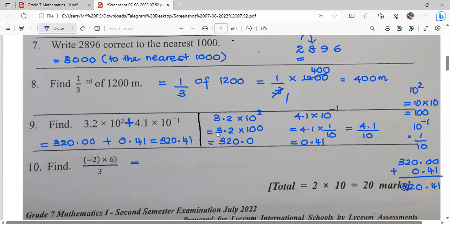So then I write negative 12 and divide by 3. 12 divided by 3, it is 4. Negative number divided by a positive number, it is negative 4.